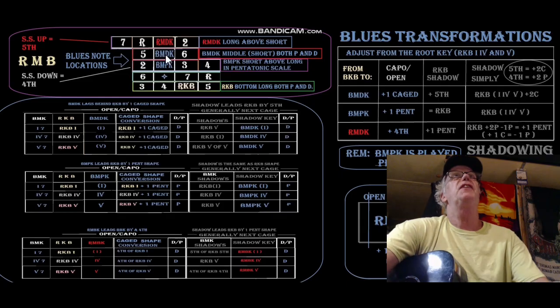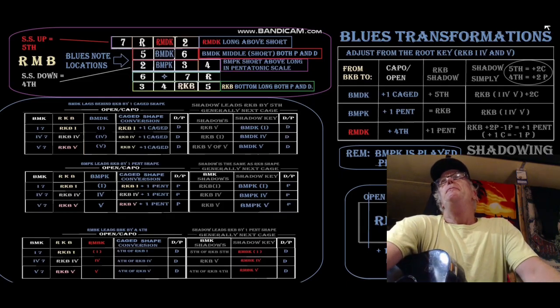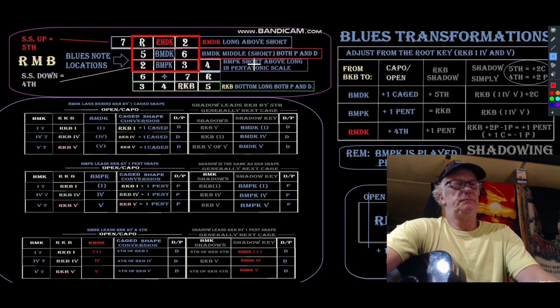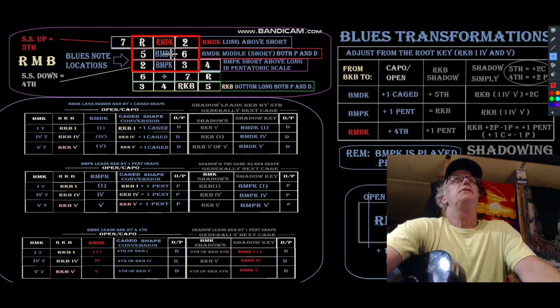You can look at the whole thing as all three of them. You can see it right here, right? You can look at it that way. Whereas the magic is 5, 6, the mix is above that, and the pent is below it.